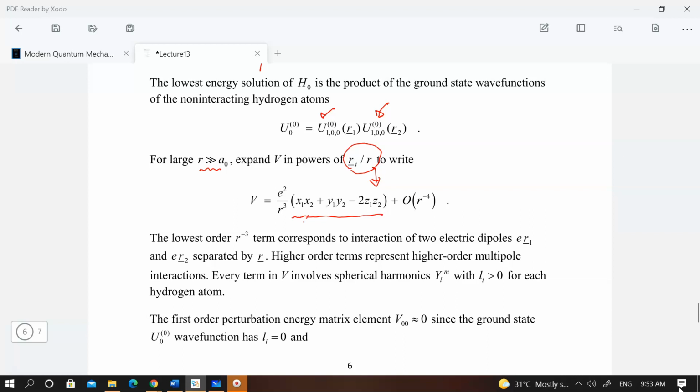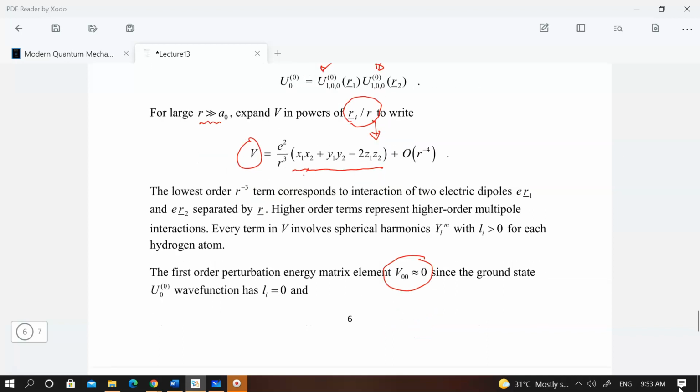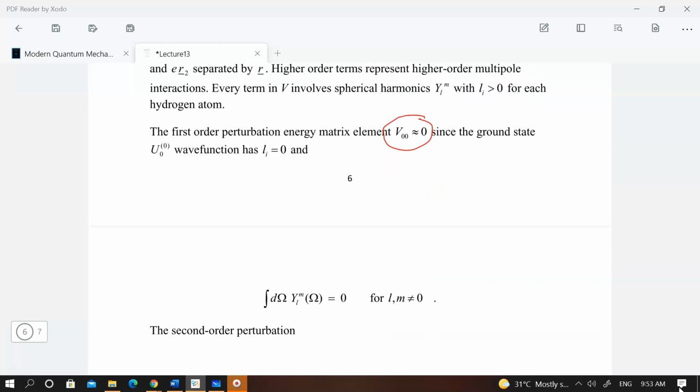Okay, so now what we do is again we calculate your first order energy shift, and for the first order energy shift you find that this matrix element seems to give you a 0, simply because in that case you have your L equals 0, and then you'll be able to show that using the integral over your spherical harmonics.